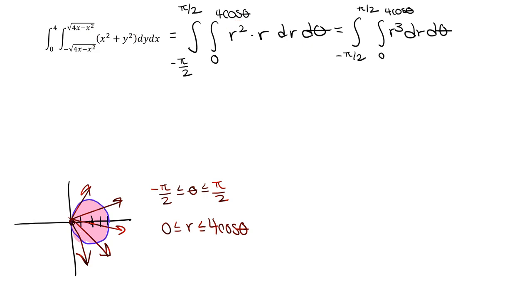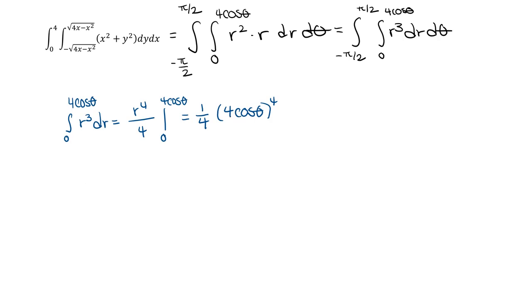I'm going to go ahead and write the r squared times r as r to the third, and then I'll integrate with respect to r first. So that r to the third becomes an r to the 4 over 4. And then I have to plug in my bounds of integration. So I'm going to plug in the 4 cosine theta and then plug in the 0 and subtract them.